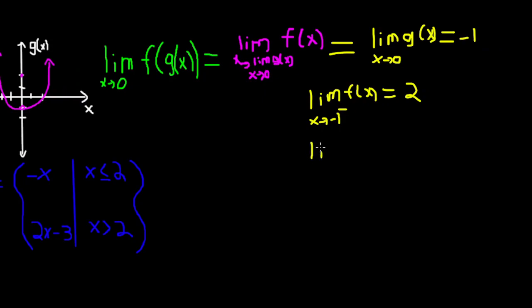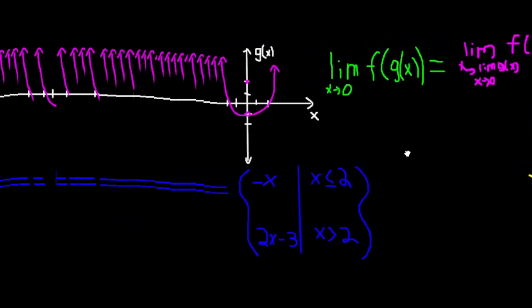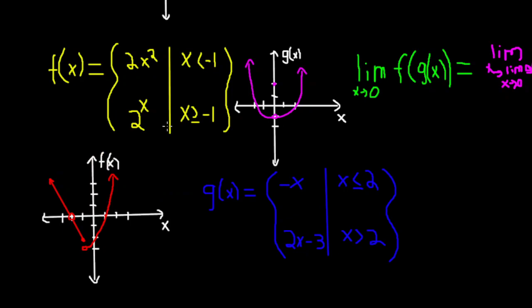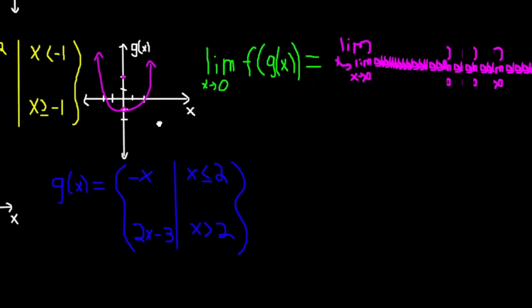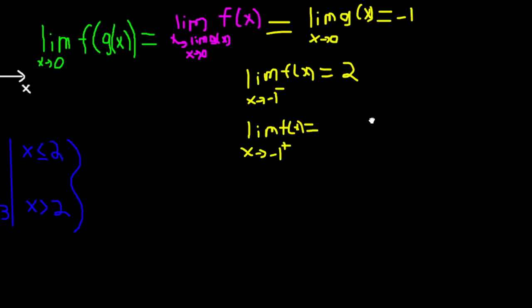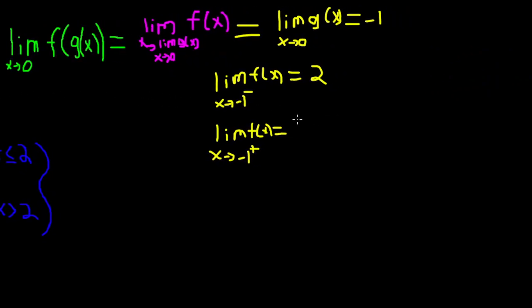And then we do the same thing with the other one-sided limit, x approaches -1 from the right. So we're going to use this bottom function here. 2 to the power of -1 is 1/2.